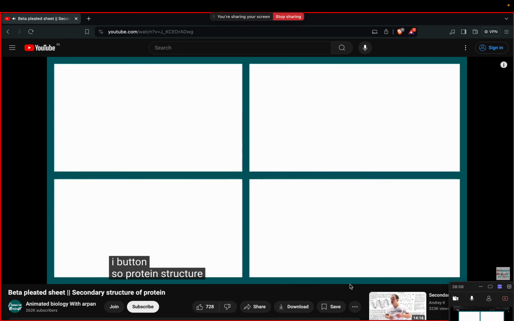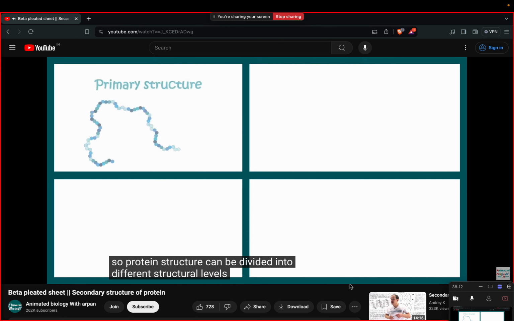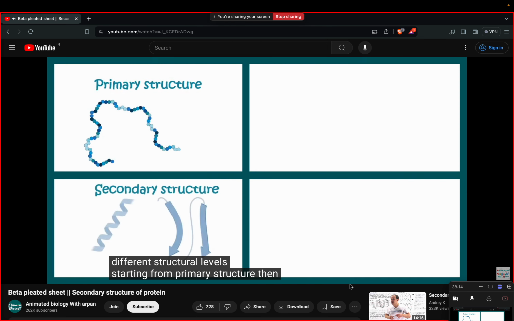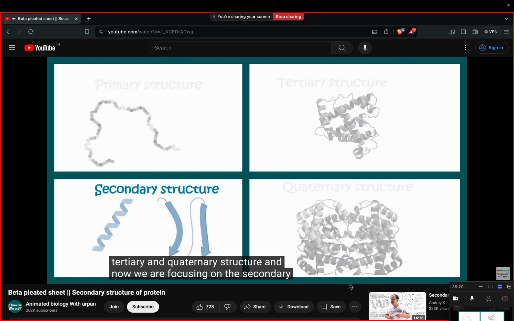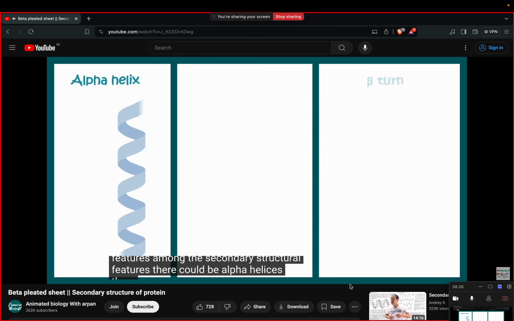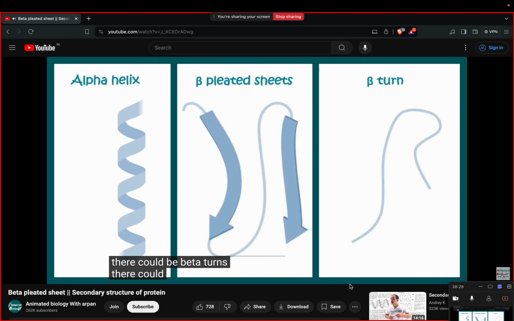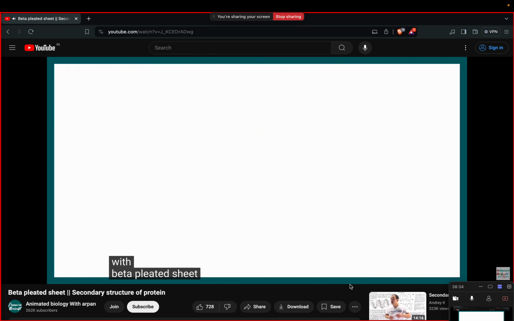Protein structure can be divided into different structural levels, starting from primary structure, then secondary, tertiary and quaternary structure. Now we are focusing on the secondary structural features. Among them, there could be alpha helices, beta turns, and beta pleated sheets. The center stage of this video will deal with the beta pleated sheet.